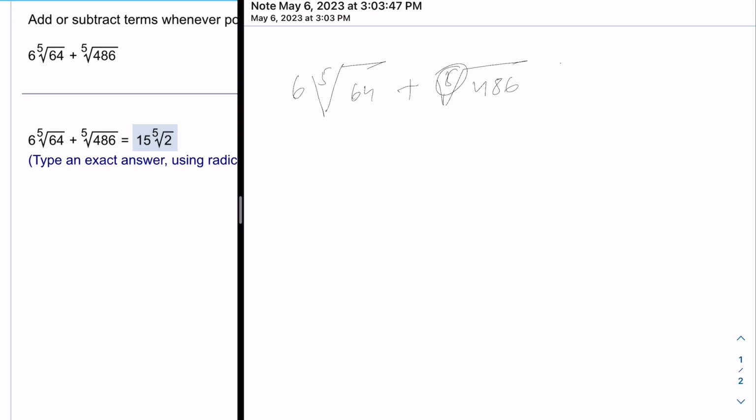So we will try to make this term like this. Got it? 64 means I think it might be 2.